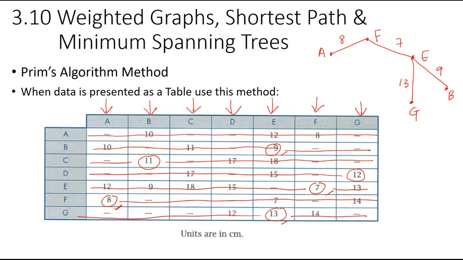Then I proceed on with G. G is connected to D by 12. So this one I've done. And as for B is connected to C by 11.